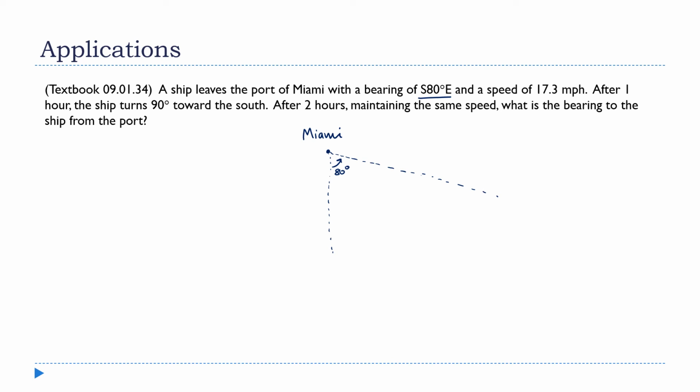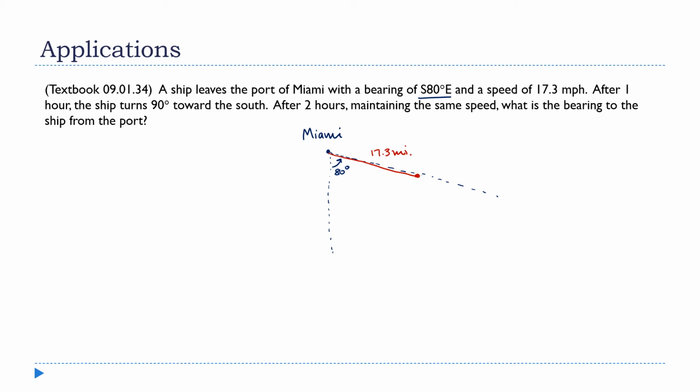It's saying at a speed of 17.3 miles per hour, and he maintains this bearing for 1 hour. So after 1 hour, he's going to have gone 17.3 miles in that direction. Then what does he do?